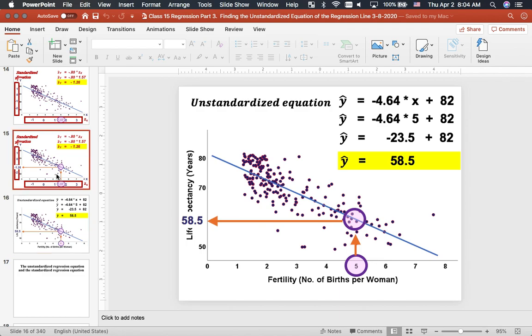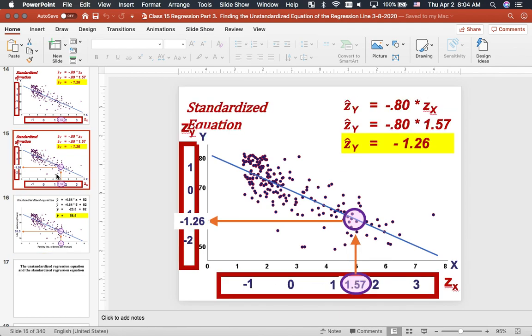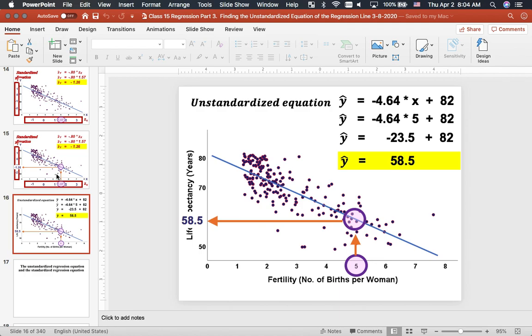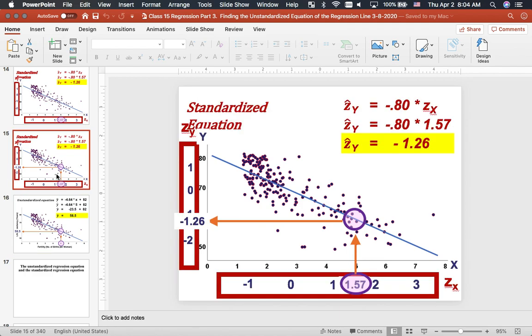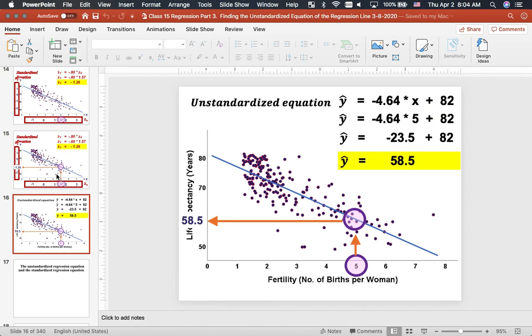And these are the exact same. Both of these are the exact same line. The only thing that differs between them is this is standardized, so it's in terms of z of y and z of x, and this is unstandardized, so this is in raw.